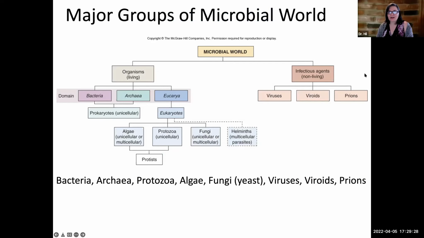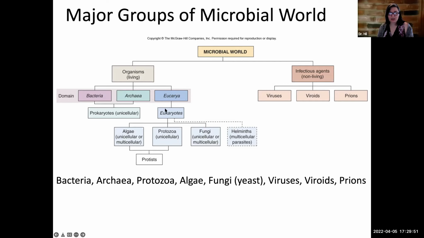So this is a nice little graphic to summarize all the things that we're going to talk about. So we've got our bacteria, which are single-celled prokaryotes, our archaea, which are also single-celled prokaryotes. It's very difficult to distinguish them. Can't really tell the difference just looking at them. You have to do more sophisticated chemical and genetic analyses.